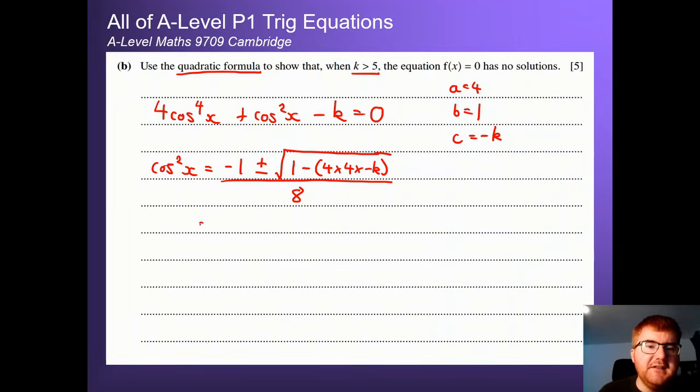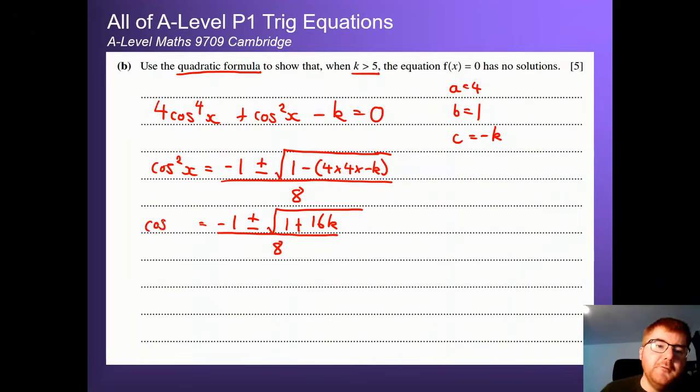And if I tidied this up slightly, we have minus 1 plus minus the square root of 1 minus, that comes 16 times minus k is minus 16k, 2 minuses make a plus, so we get plus 16k all over 8. So using the quadratic formula, this is a general expression. I haven't talked about the 5 yet, but this is the general expression for it.